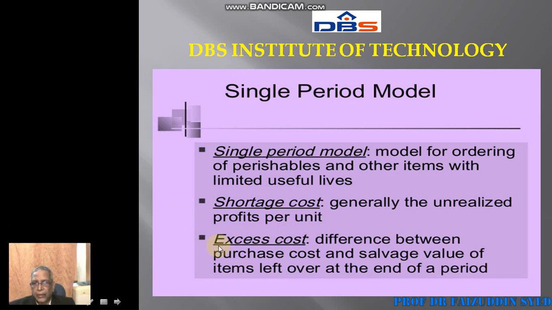Then excess cost. Excess cost is the difference between purchase cost and salvage value of items left over at the end of a period. All these things come under single period model.